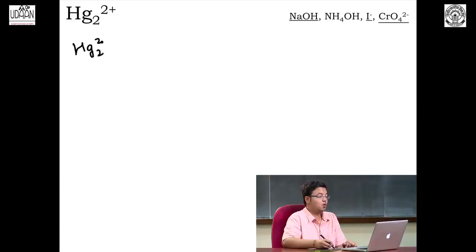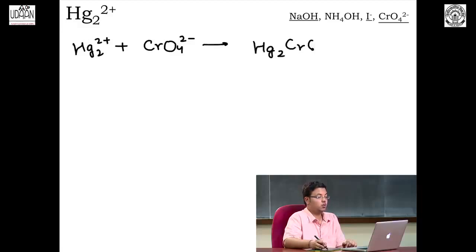In fact, Hg2 2+ also gives a precipitate with chromate, just like the preceding members. It reacts with CrO4 2- to give a precipitate of Hg2CrO4, which is reddish in color.